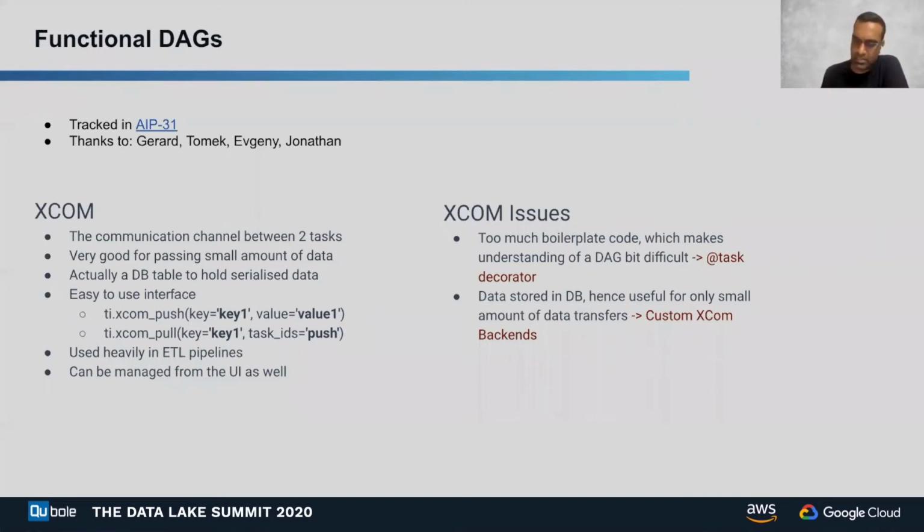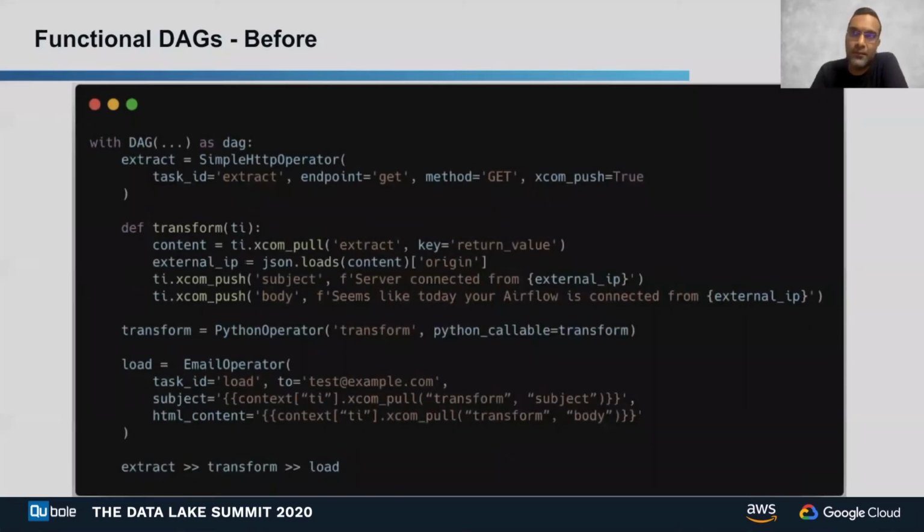So let's look at an example DAG in today's world without functional DAGs, how it will look. This is a simple ETL job, and if you look at it, you will see that there are three tasks. The first task is loading some data from an HTTP endpoint, and through XCOM push, it is pushing that data into the database.